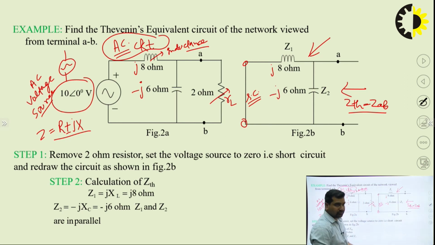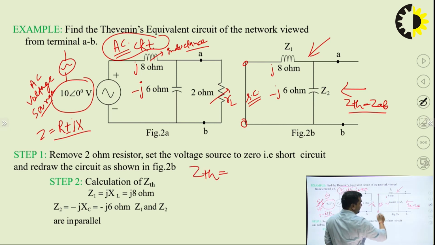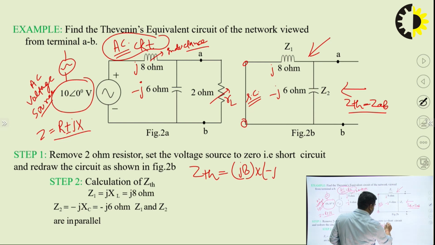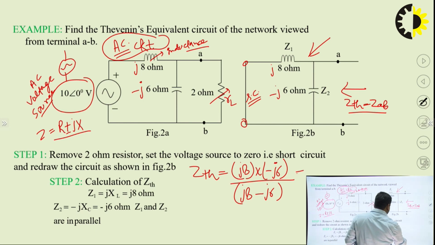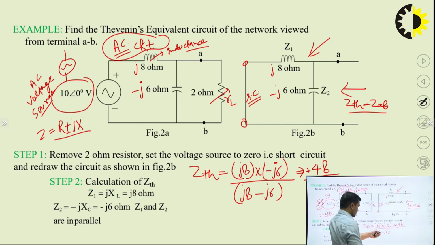I just corrected that. So what is ZTH? Both are connected in parallel. So J8 into minus J6 divided by J8 minus J6. J square minus J square becomes plus, 8 into 6, 48, divided by J8 minus J6.